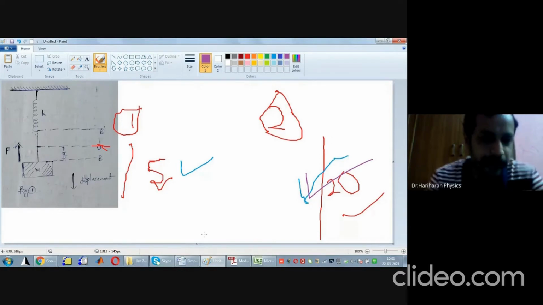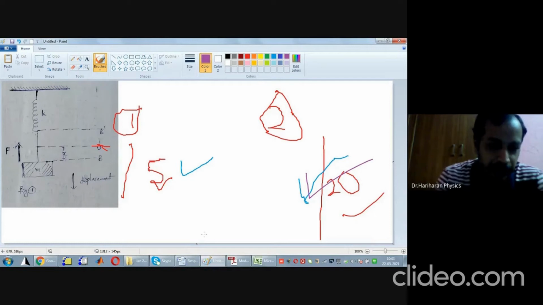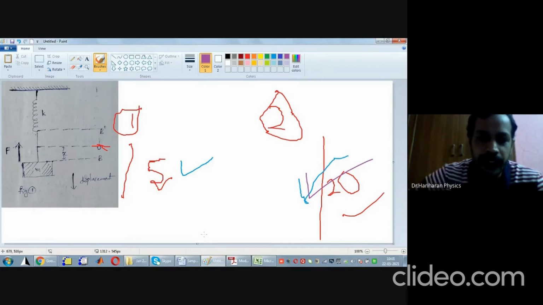Once again, I'll give the following example. Take a rubber band. Keep one end fixed. Keep your left hand fixed. Keep your right hand to pull it. Case 1 is you pull the rubber band by 5 centimeters and leave it. Case 2, you take the same rubber band and you stretch it over 20 centimeters.